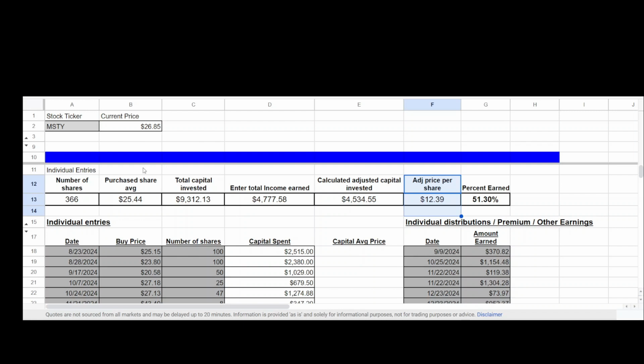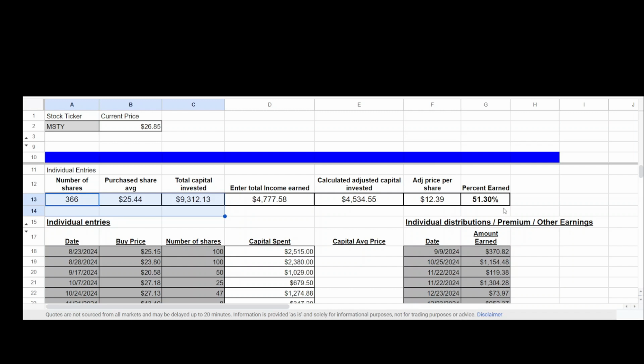I mean, you know how many shares you have, and you'll know your average price per share of the capital you spend, because that's shown. But whenever you start getting your distributions, sometimes that can get lost, and you think you're still at this average price over here, when actually you're at this calculated average price over here.